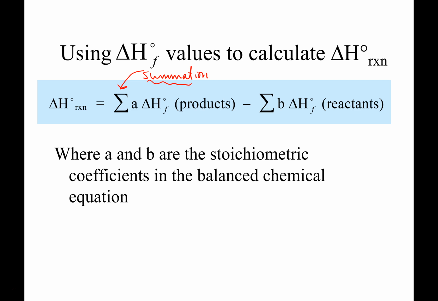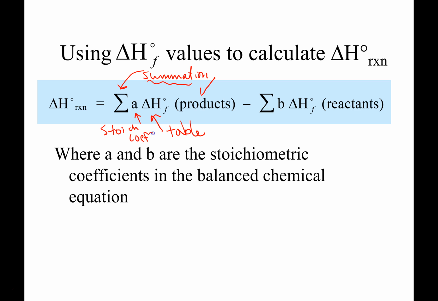Summation means you add together, for every product you have. I'm going to take the stoichiometric coefficient of that product, look up its standard molar enthalpy of formation on the table, and multiply it by the stoichiometric coefficient.